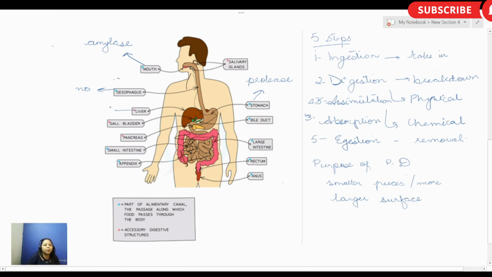The liver contains bile basically, which emulsifies fat, breaking it down into smaller pieces. What about the pancreas? Yes. What are the names? Amylase, lipase, protease or trypsin.